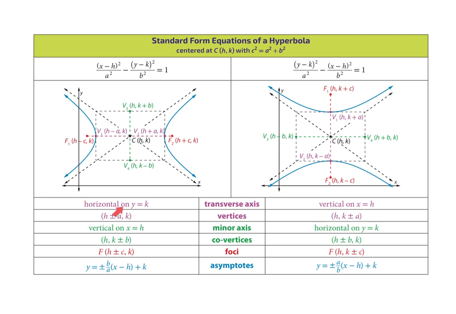So my horizontal axis here is going to be my y equals k. My vertical is going to be my x equals h. All right, so y equals k, x equals h. The same thing is true here. y equals k, x equals h.